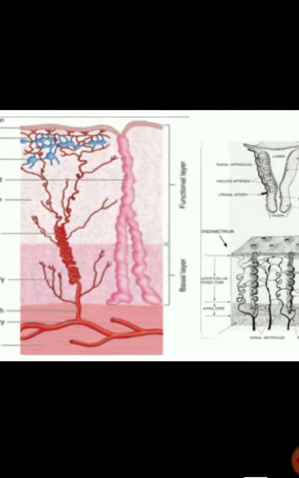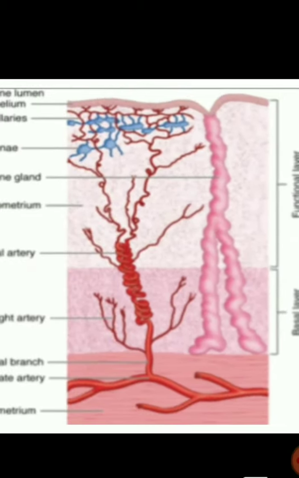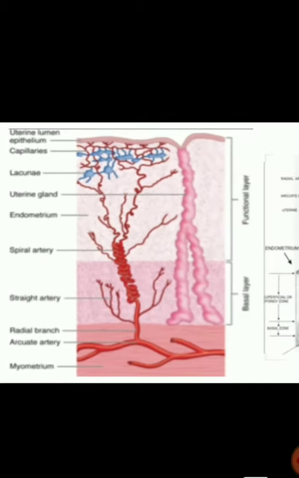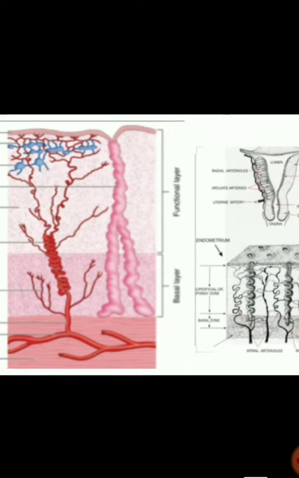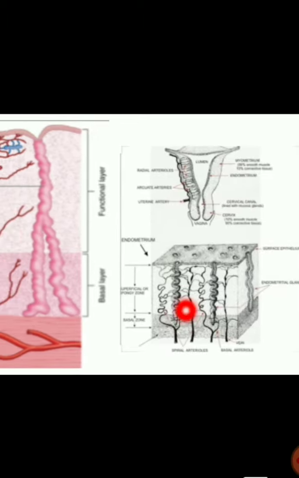You can see here the base is the myometrium, and the basal zone, and the upper part is the functional zone of the endometrium. In this figure also you can see the lower part is the basal zone and the upper part is the functional zone.